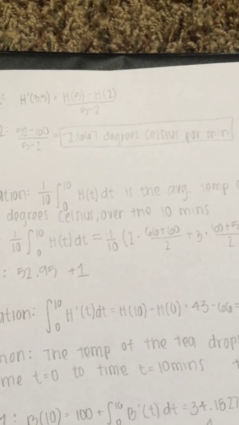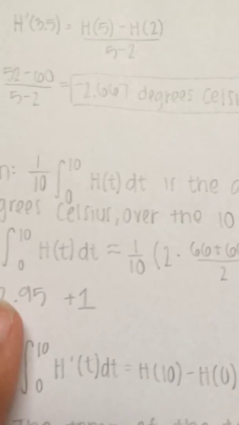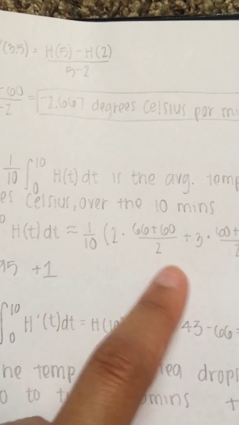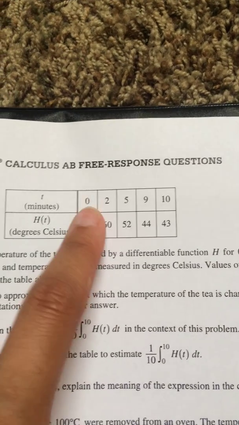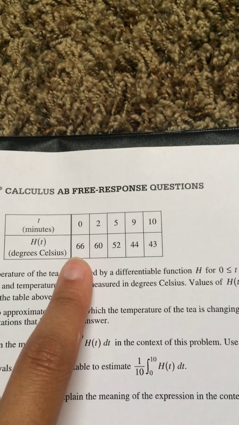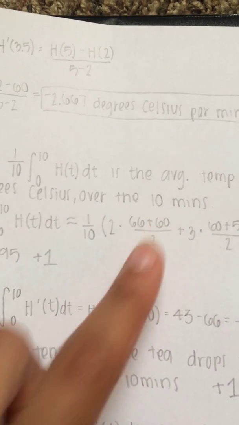So step 1, to use the trapezoid sum, you use the chart. You're going to do 1/10 times [2 times (66 + 60)/2. The 2 comes from 2 minus 0, which is 2, times 66 plus 60, over 2 since there are 2 numbers.